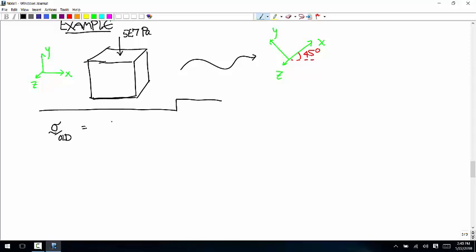We have on the x face nothing, so 0, 0, 0. On the y face, we have 0, negative 5 times 10 to the 7th, 0. And then nothing on the z face. Right, so all we have is one normal stress. We don't have any shear stresses.